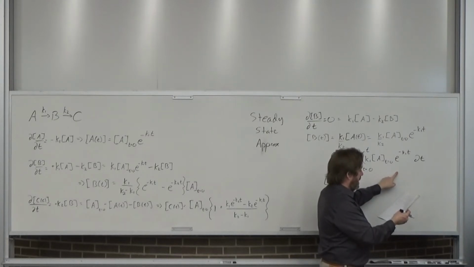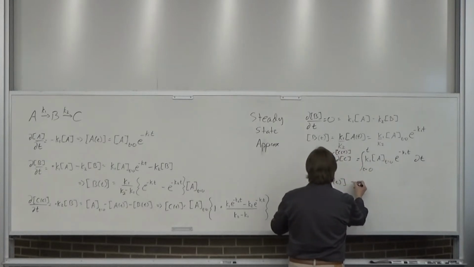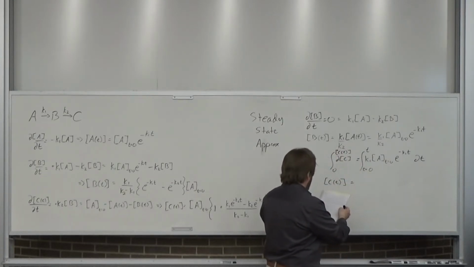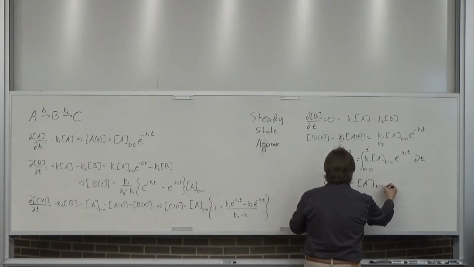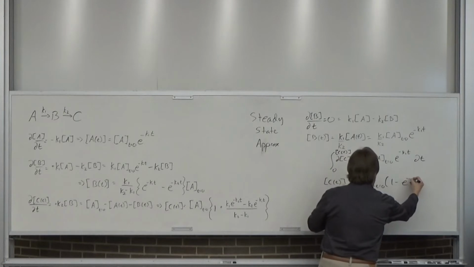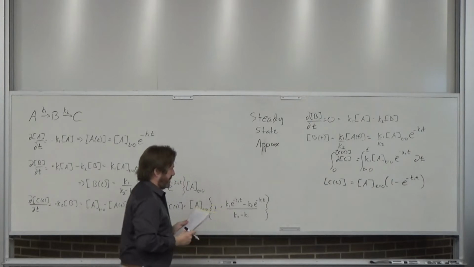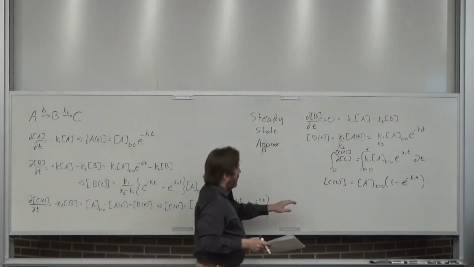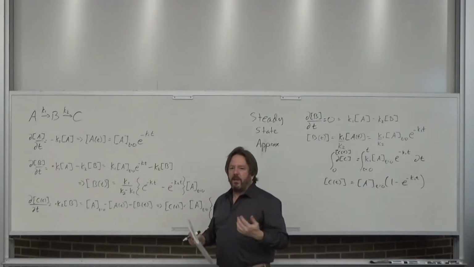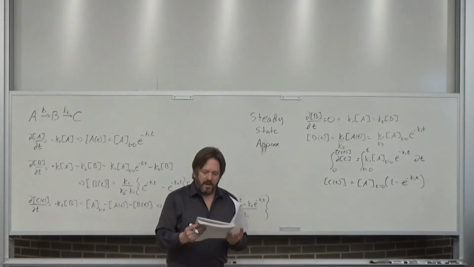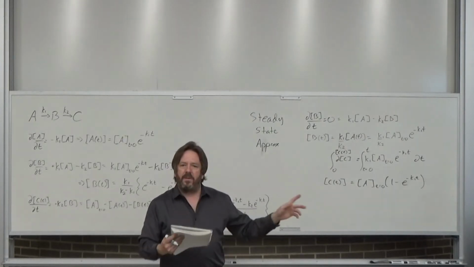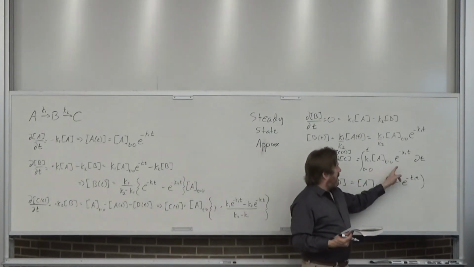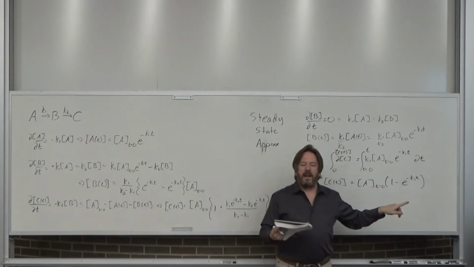It turns out that this is equal to A at time equals 0, times 1 minus e to the minus k1t. Okay, now again, the way I go from here to here is I can look it up. Now I think I'm actually going to show you how to do this, but in a different example. This is actually kind of a lot easier than you think.